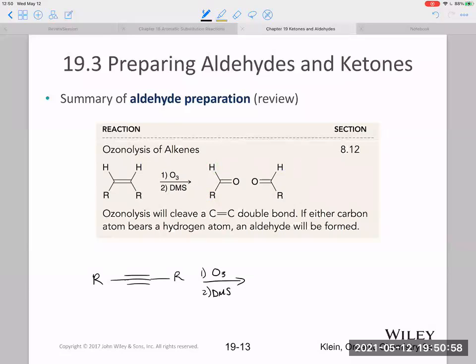Does anybody remember? That would be a carboxylic acid. So ozonolysis of an alkene gives you a ketone or aldehyde. Ozonolysis of an alkyne gives you a carboxylic acid. I probably haven't thought about ozonolysis reactions in 100 years.